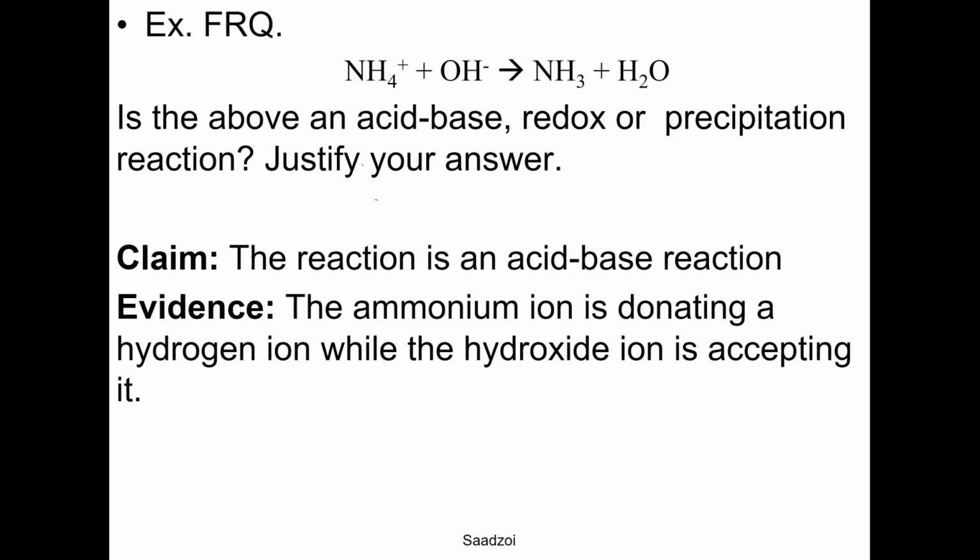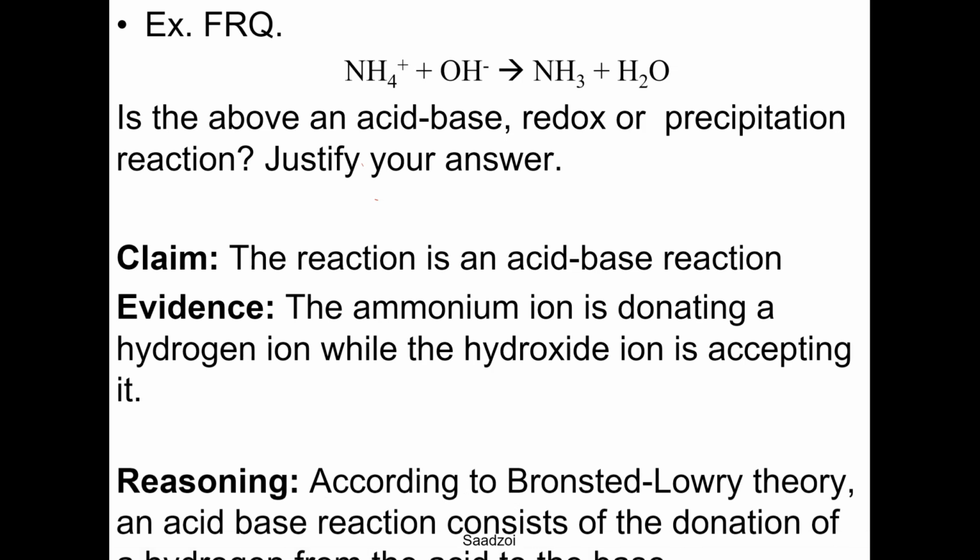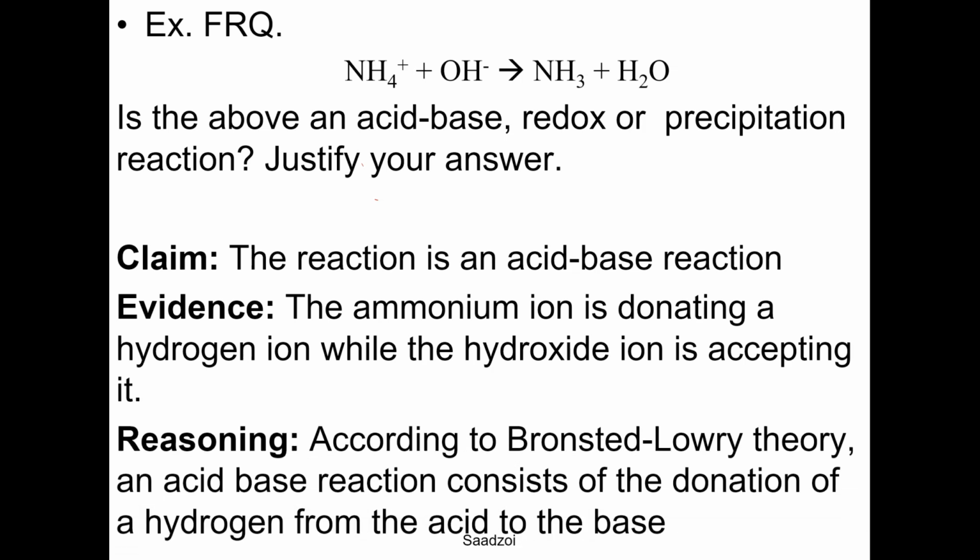But that doesn't explain why this is a valid way of looking at it. You've got to go into the theory, the science. What lets you assume that because there's an acid and there's a base, this is actually going to be an acid-base reaction, or that there's a donation of hydrogen, so it's acid-base? That's based on this. According to Bronsted-Lowry theory, an acid-base reaction consists of the donation of a hydrogen from the acid to the base.